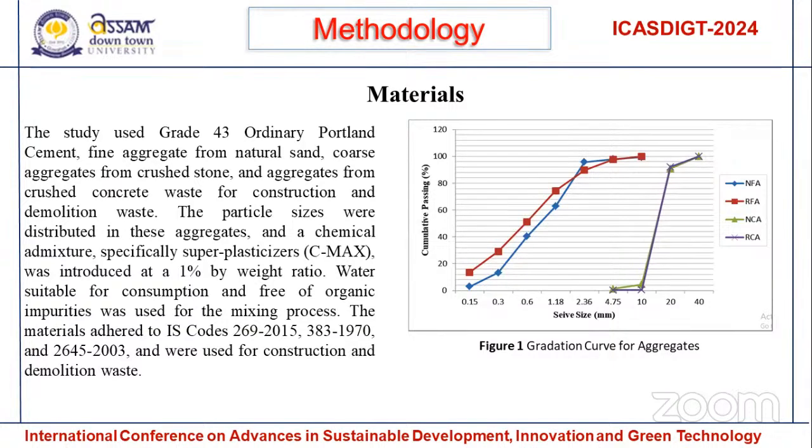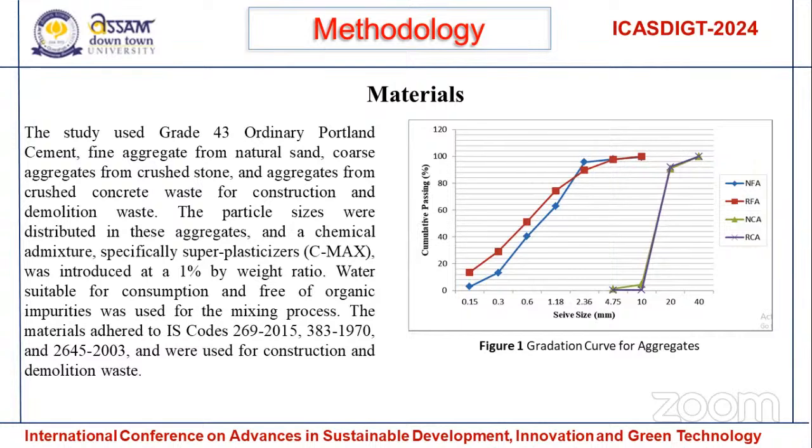So for our study, the different materials adopted are, first, the cement: ordinary Portland cement of grade 43 is used. Natural aggregates derived from the local market are used as fine aggregate, and the coarse aggregate, also derived from the local market, is natural coarse aggregate.